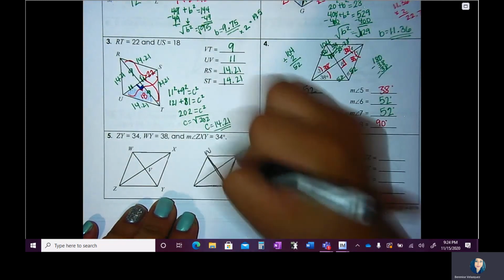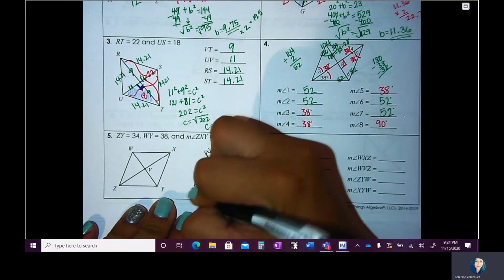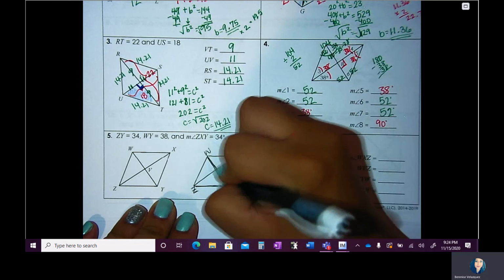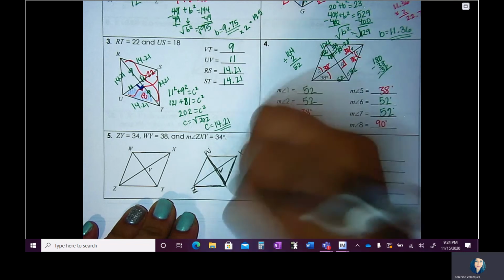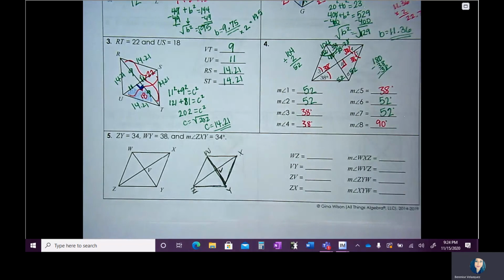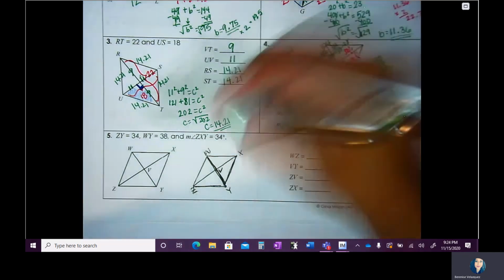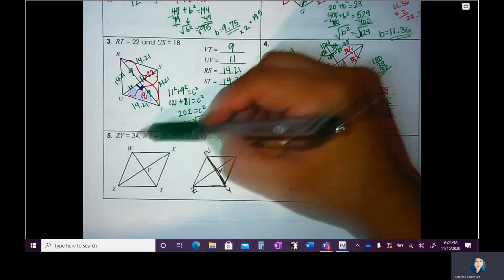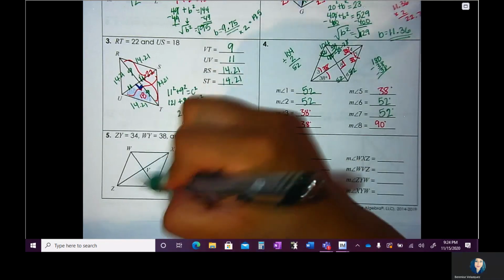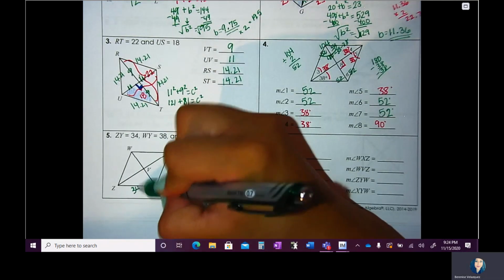This is W, X, Z. V is in the middle. And we also have Y. Okay, I'm going to set that to the side. And now I'm going to write in only the first two because these are sides. So ZY, this one on the outside is 34.